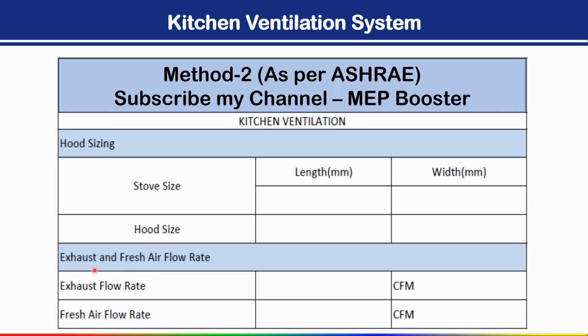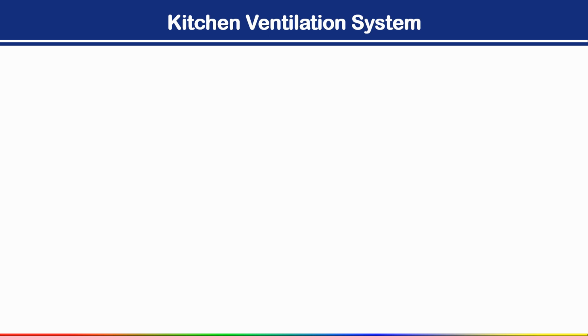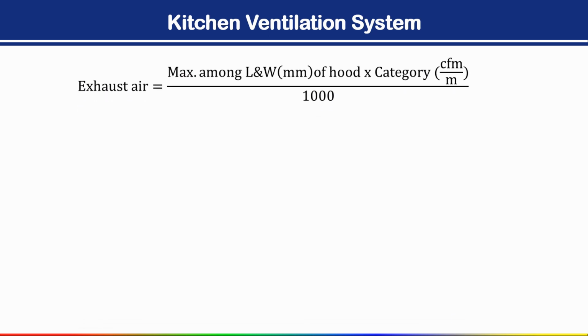To find out the exhaust flow rate, here we have a formula. The fresh air flow rate is 80% of that exhaust flow rate. To find out the exhaust air CFM, the formula is: maximum among length and width of the hood in mm, into category in CFM per meter, divided by 1000.